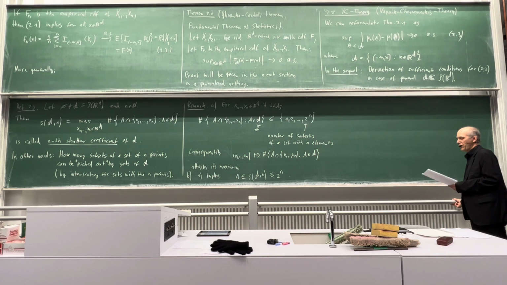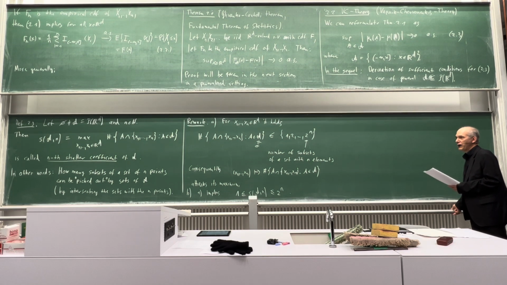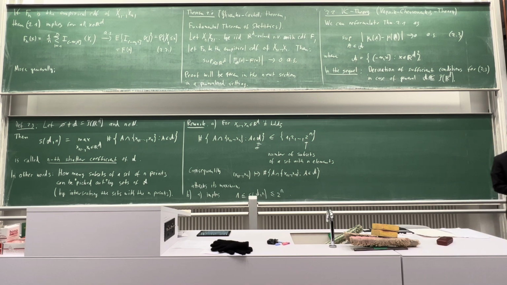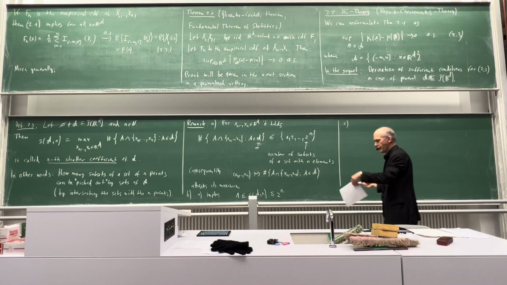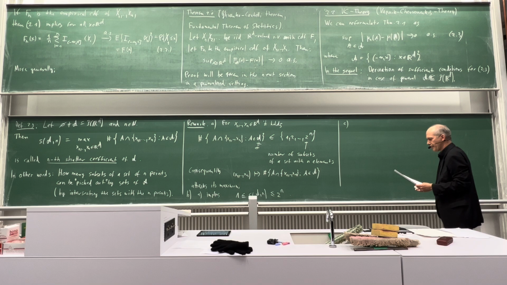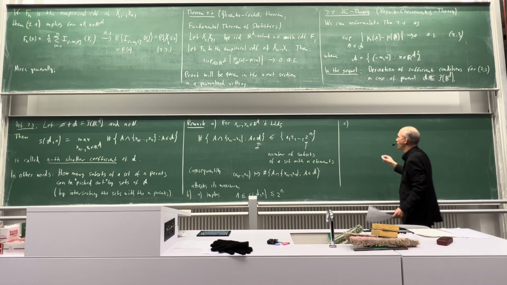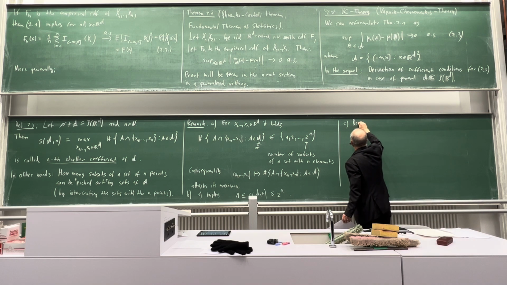Third point: what is the relation if you keep the set of subsets of R^d fixed, so calligraphic A is fixed, but you change n, what happens then? The point follows directly from the definition.